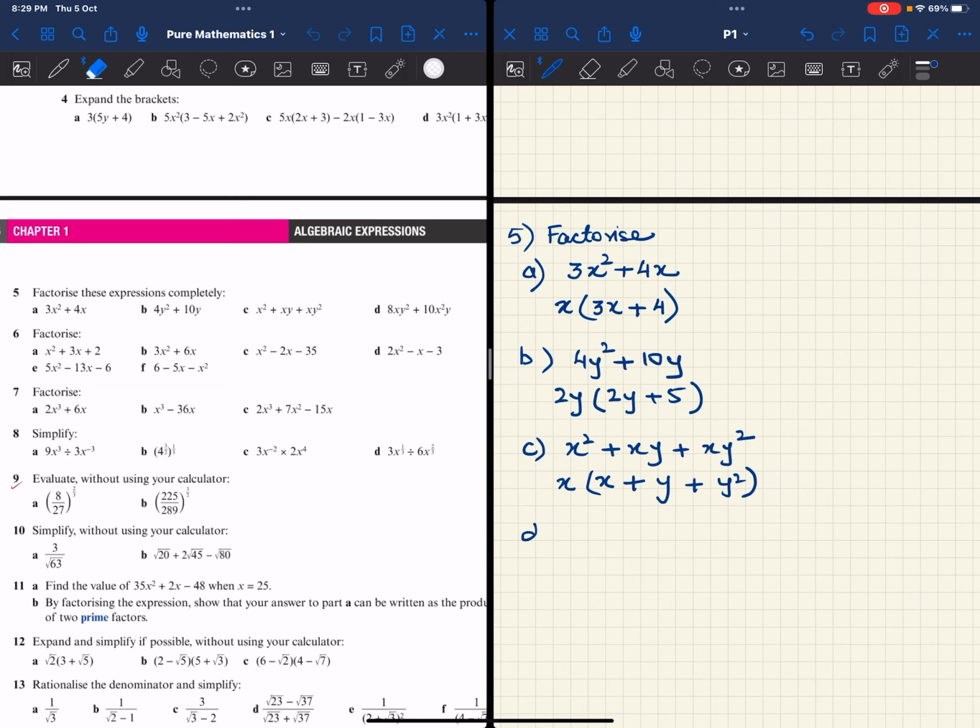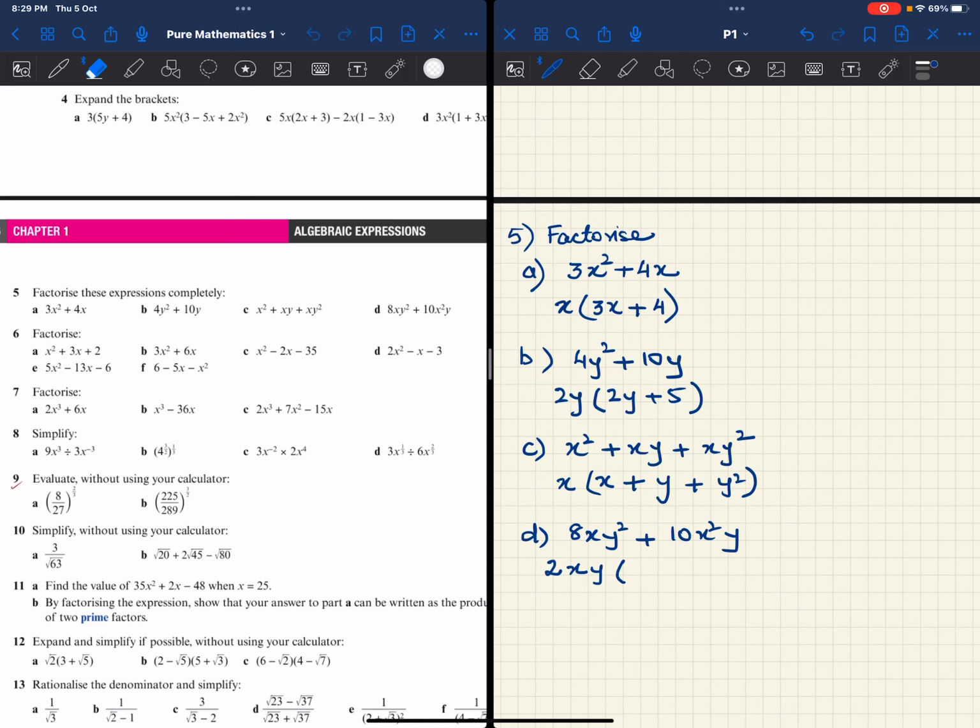And question D, we have 8xy squared plus 10x squared y. Here the maximum common factor is 2 in numerical value, and we have x and y common.